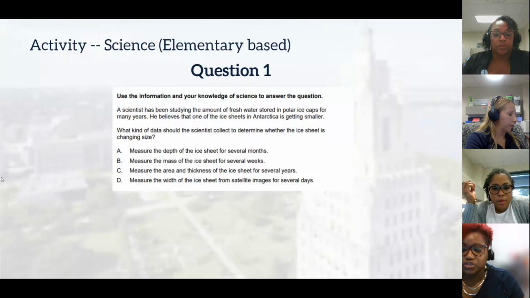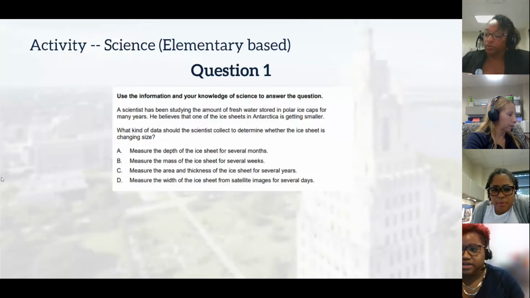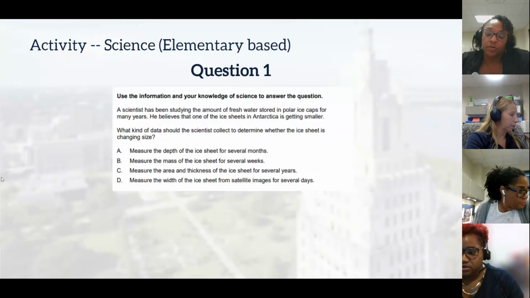The first part is a trick because it's just talking about basically the scientists. But the question itself is what kind of data should the scientists collect? Do they measure depth? Do they measure mass? Do they measure area and thickness? Or do they measure width? Is that a level 3?